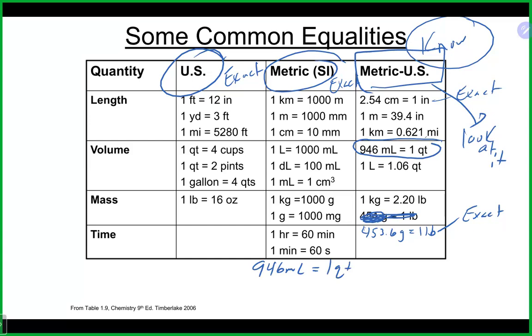That again is a metric to English conversion. You do have to look at the significant figures if you use that as a conversion factor. What number would you look at in terms of significant figures? You would look at the actual one that's not a 1, so the 946. So this would count as 3 significant figures if you were using that in your calculation. You would not look at the 1.